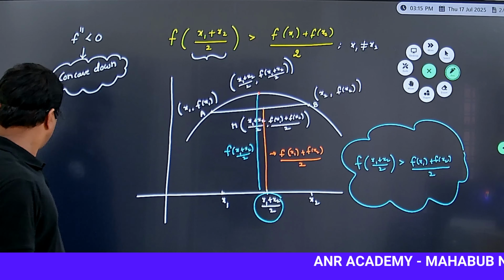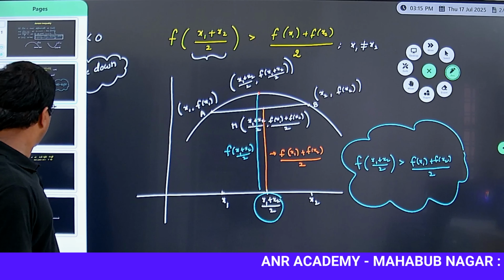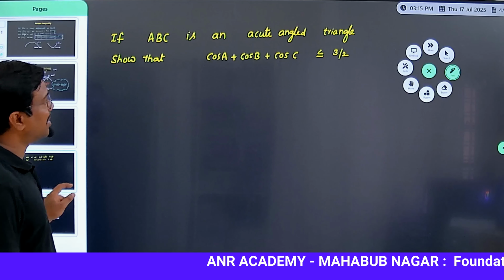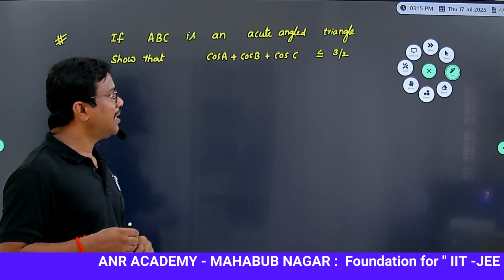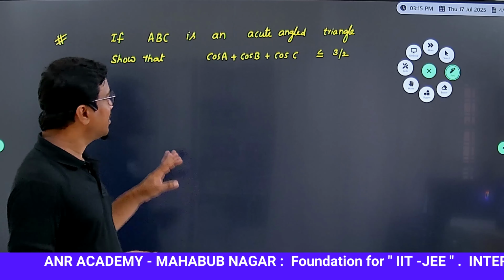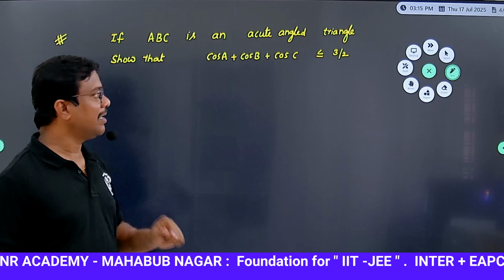Now let us see the proof of cos A + cos B + cos C less than or equal to 3/2 whenever A, B, C are acute. Why? Because the triangle is given as an acute angle triangle.